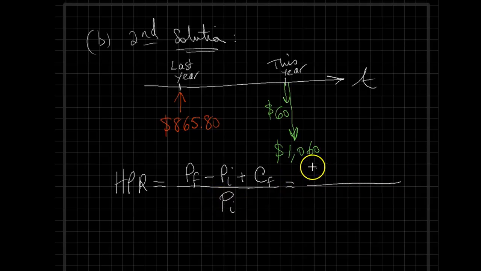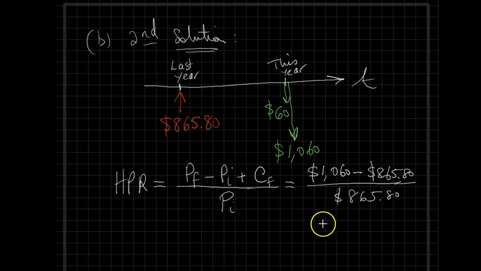So looking from this point of view, we know that currently it is selling at $1,060. We need to subtract the initial price that we paid, in this case $865.80, divided by the initial price, $865.80. And in addition, I need to include the coupon yield of $60, and the denominator being the same.